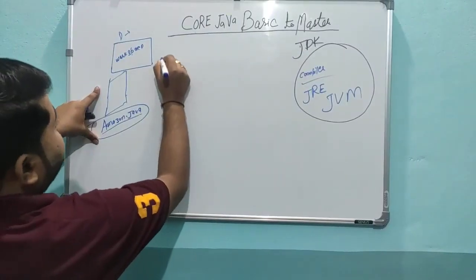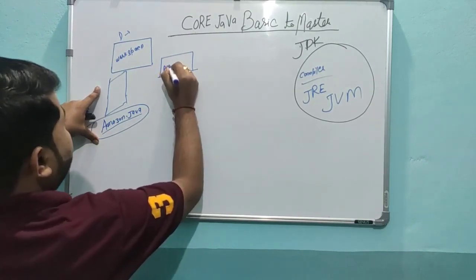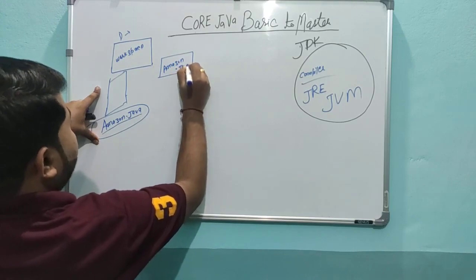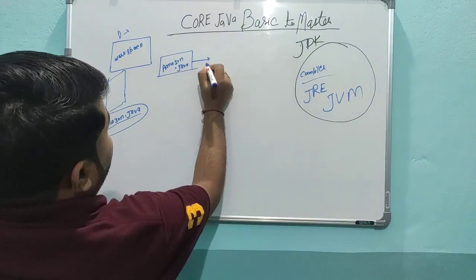So we have Amazon.java. Then here you have to compile your code.